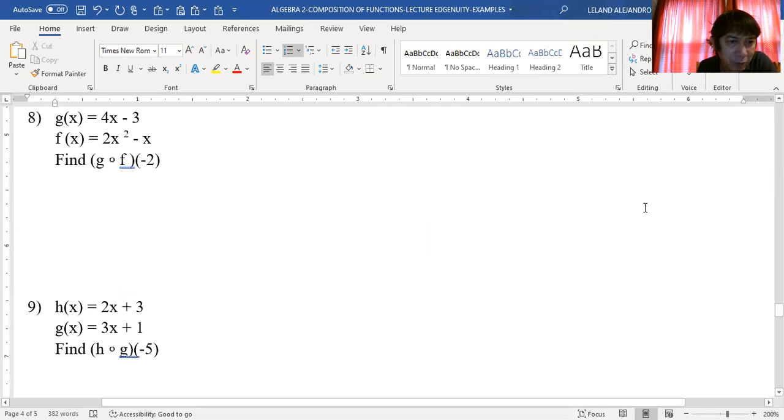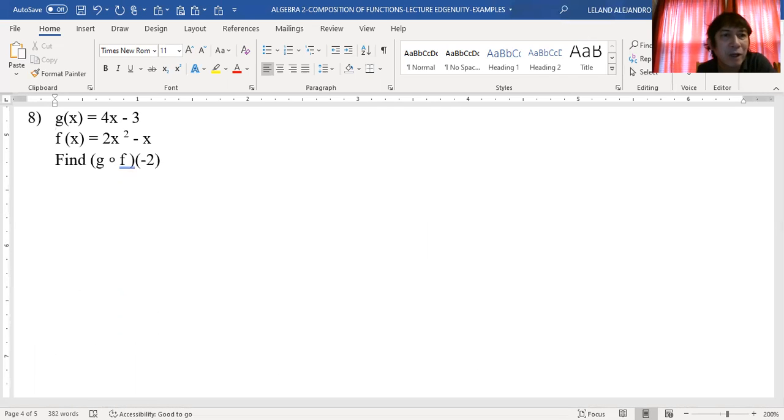Now we have here number 8. g of x is equal to 4x minus 3, and then f of x is equal to 2x squared minus x. You're asked to get g composition f of -2.